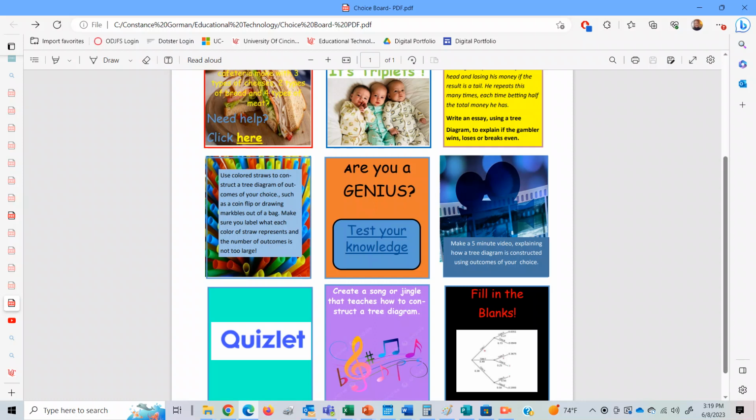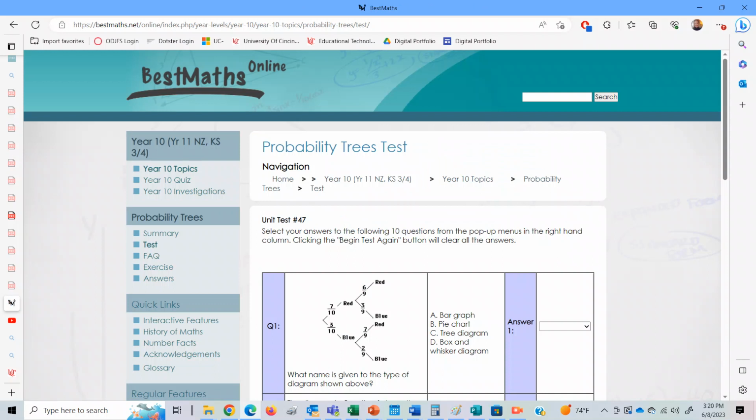The one in the middle, Are You a Genius? That is for the learner that totally gets this new concept and they're probably bored. So you have to have something that's more elevated, that they can apply what they know and create new knowledge. So this is an interactive, let me click on this.